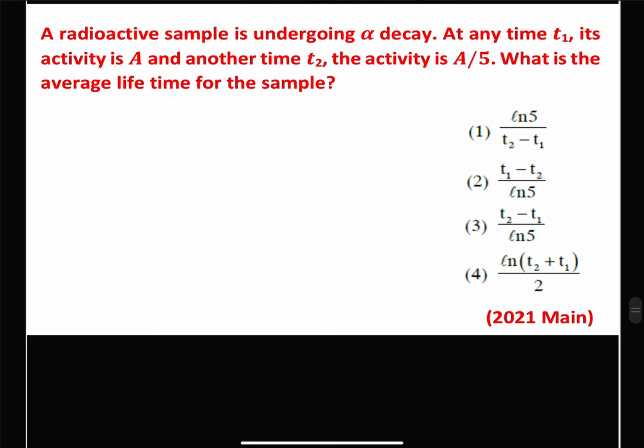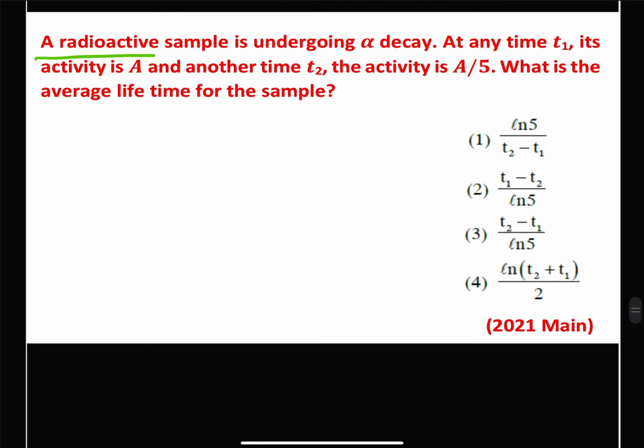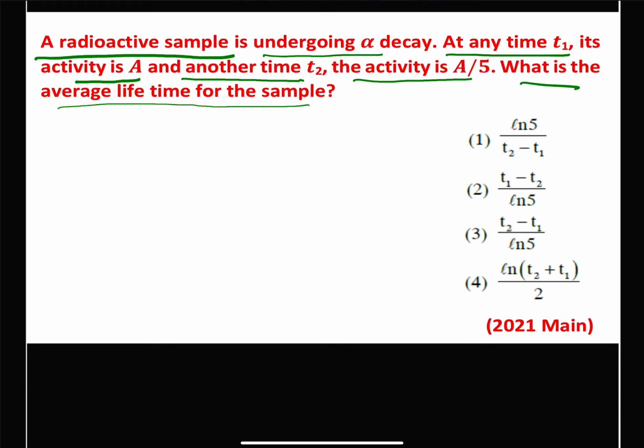It states that a radioactive sample is undergoing alpha decay. At a time t1, its activity is A, and at another time t2, the activity is A by 5. What is the average lifetime of the sample? So we are having two times t1 and t2 and their respective activities are given to us. So we can use the radioactive decay law in terms of activity.